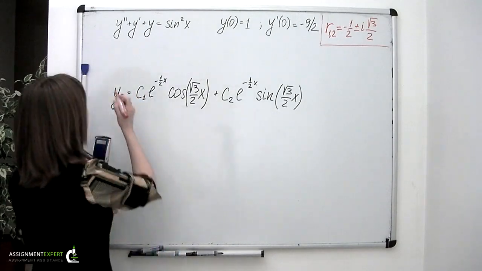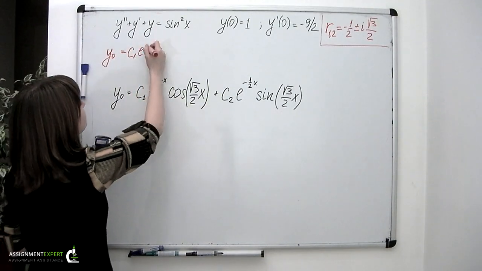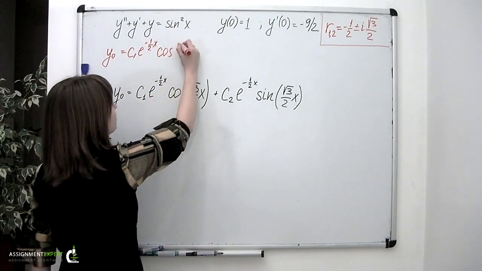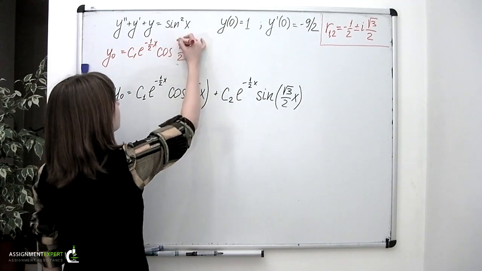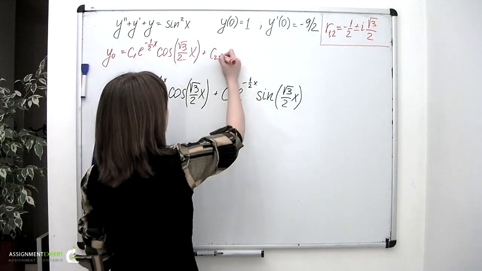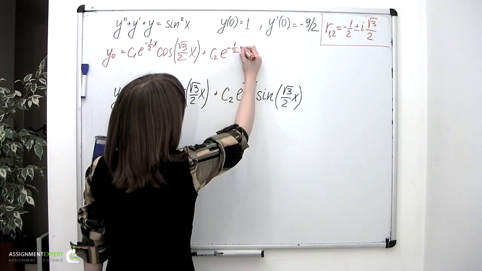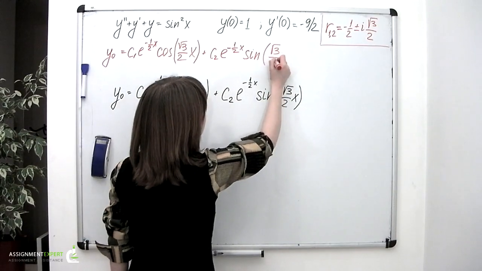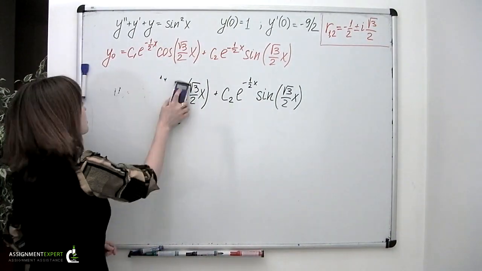Y sub 0 equals C1 times e to the power of -1/2 times x times the cosine of square root of 3 over 2 times x, plus C2 times e to the power of -1/2 times x times the sine of square root of 3 over 2 times x. So the first step is complete.